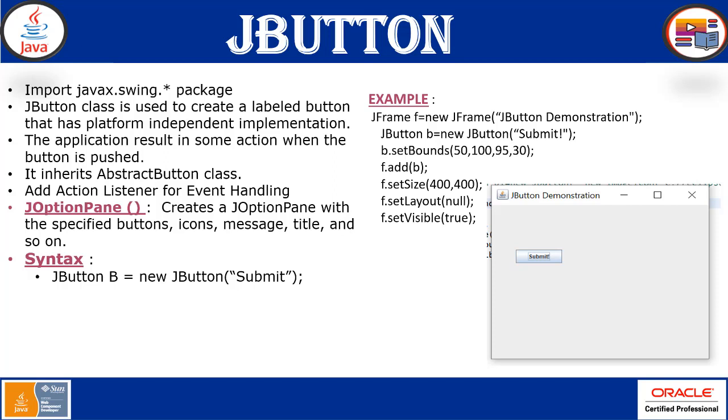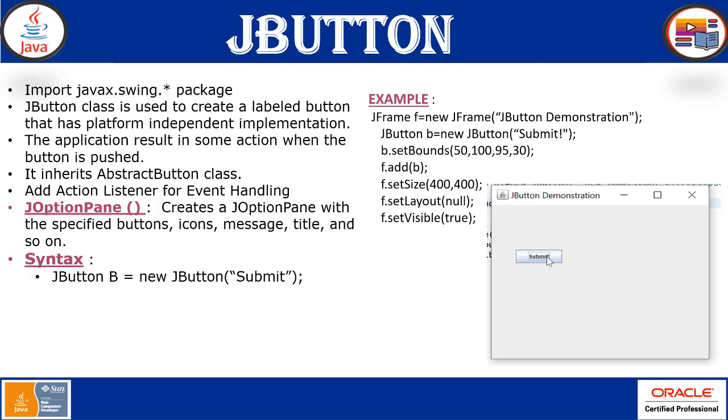The application results in some action when the button is pushed. So when the user clicks on the button, there has to be some kind of action implemented. In that case, we need event handling, or to implement an action listener method. What is an action listener here? We'll see that in detail when we actually work on it.